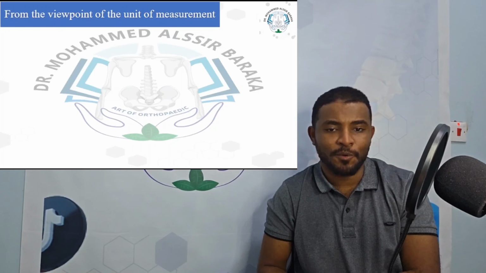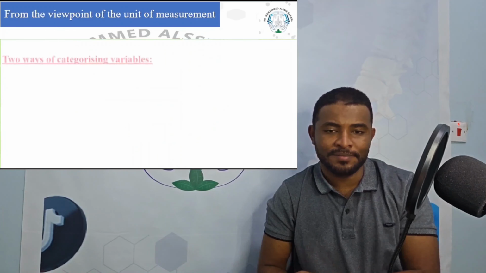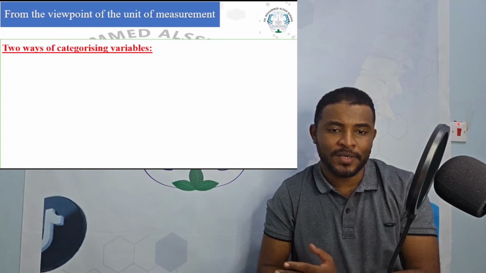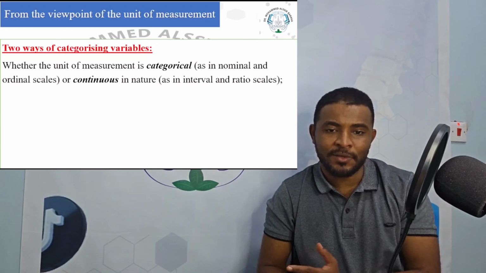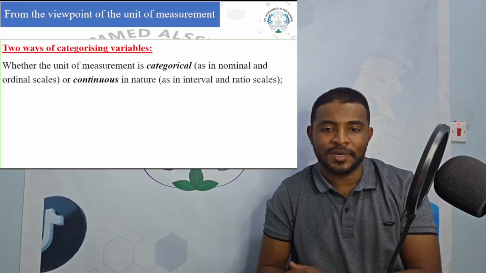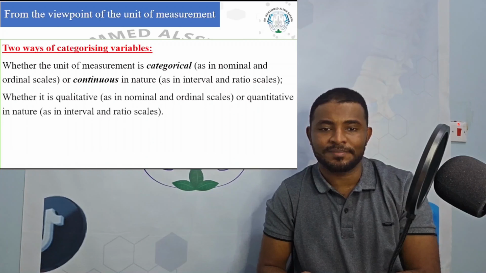From the viewpoint of unit of measurement, we have two ways of categorization of variables: whether the unit of measurement is categorical or continuous. The categorical are nominal and ordinal scales; continuous in nature are interval and ratio scales.